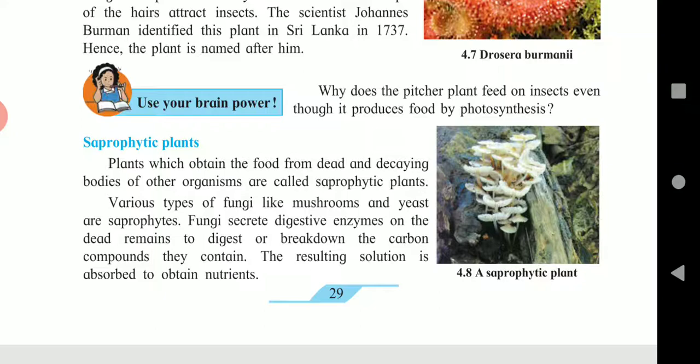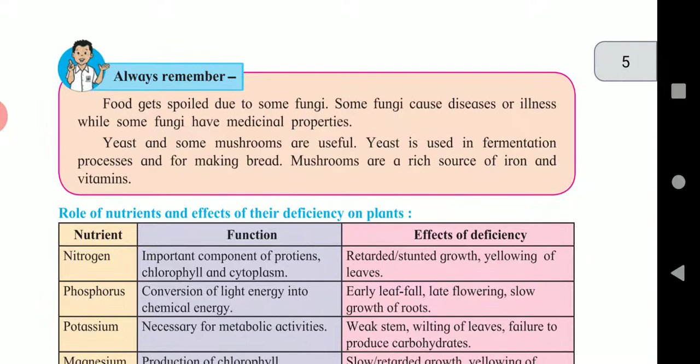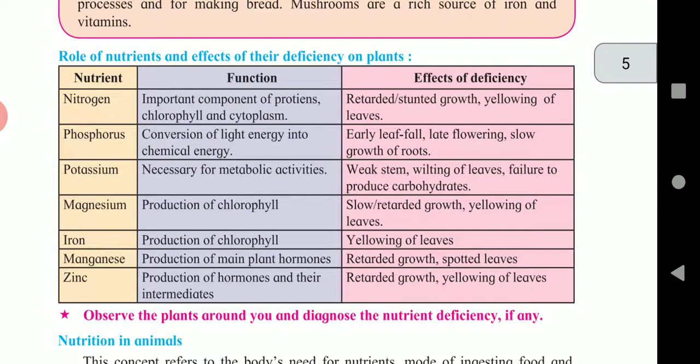Now let us study the role of nutrients and the effect of their deficiency on plants. First nutrient is nitrogen. It is an important component of proteins, chlorophyll and cytoplasm.